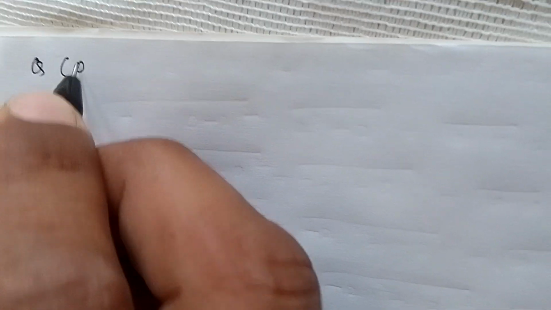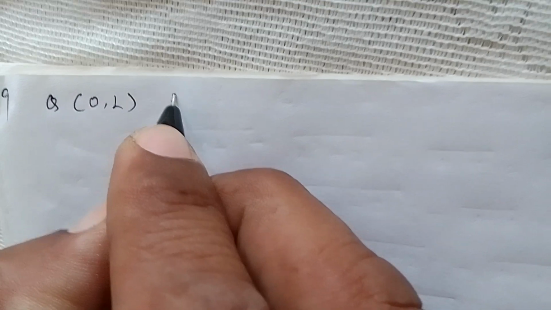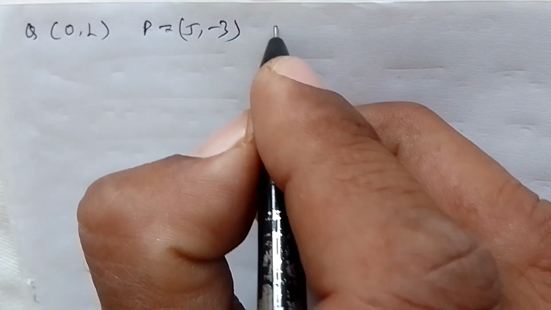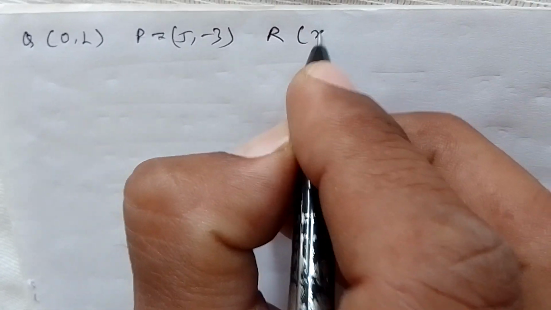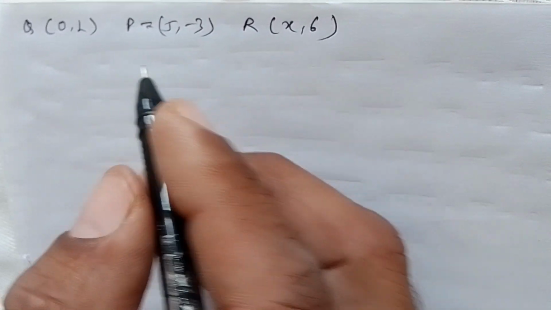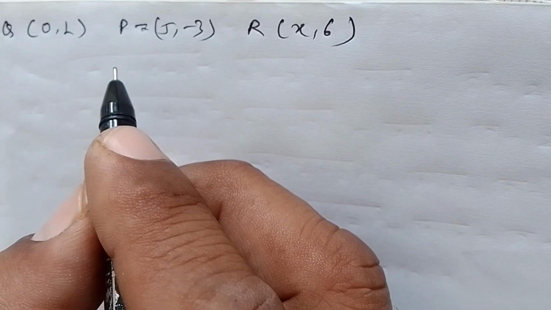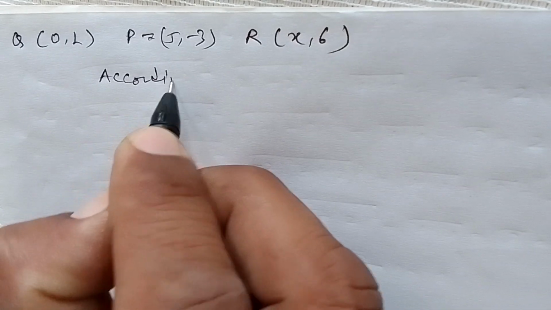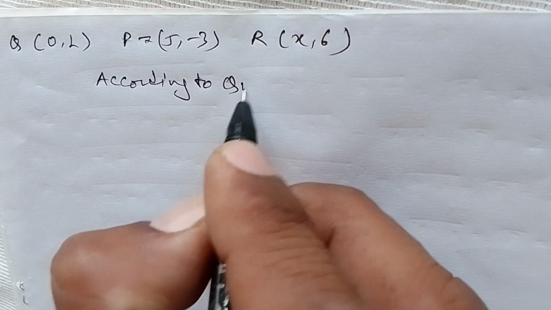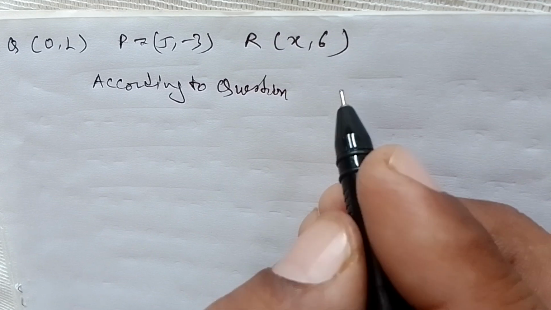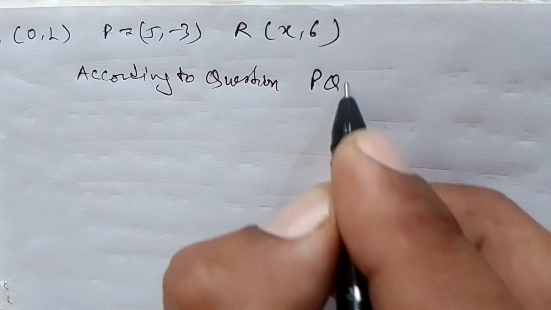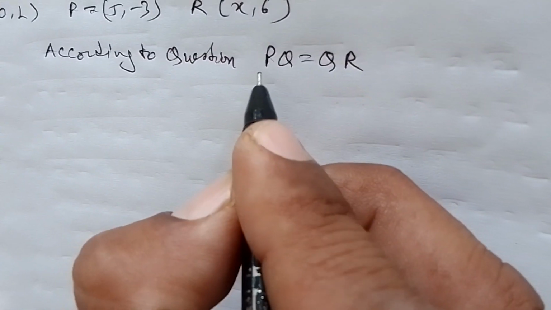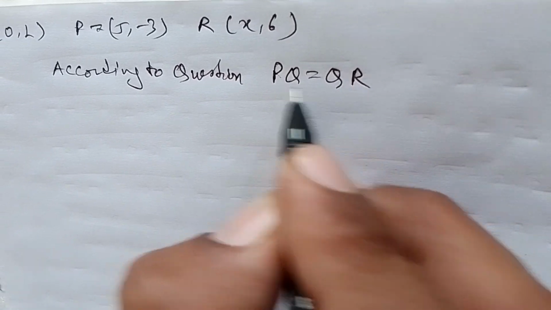So Q is (0, 1), P is (5, −3), R is (x, 6). Since Q is equidistant from P and R, PQ = QR, and we apply the distance formula to these points.